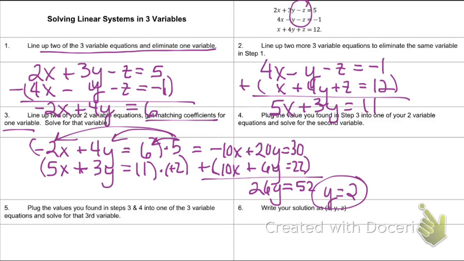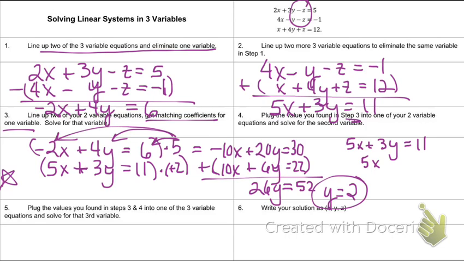All of this should be in this box over here. Okay. So remember, we're solving these by figuring out one variable at a time. So now I know y equals 2. So I'm going to plug the value I found in step 3 into one of my two variable equations. So let's plug it into the 5x plus 3y equals 11 equation.